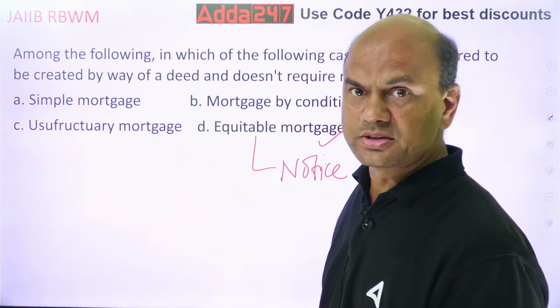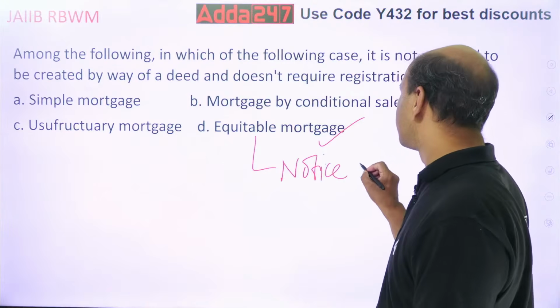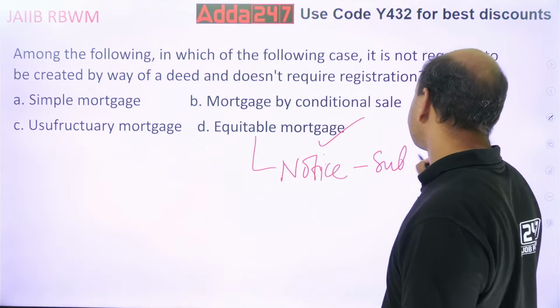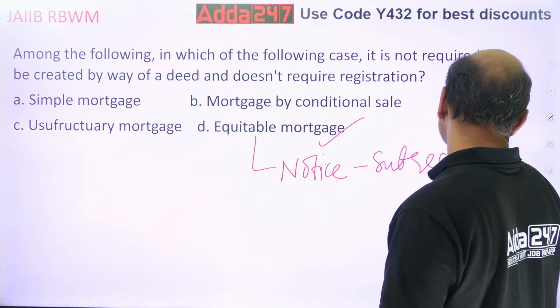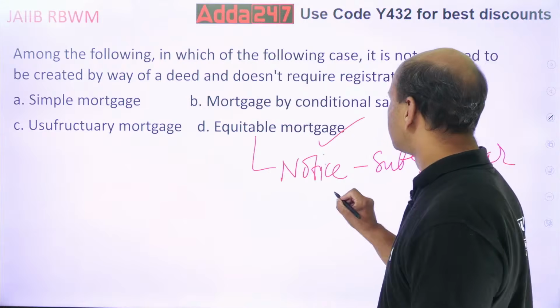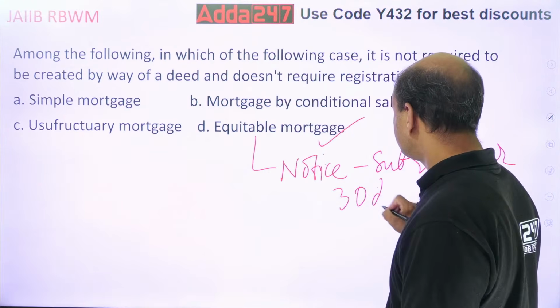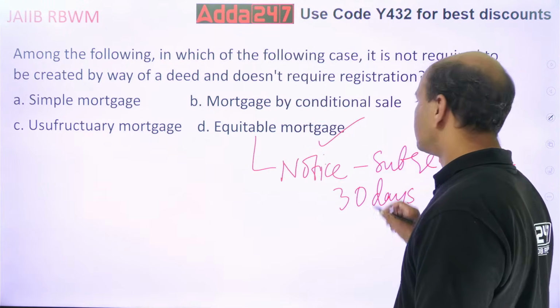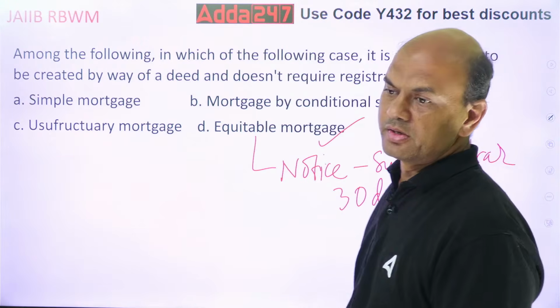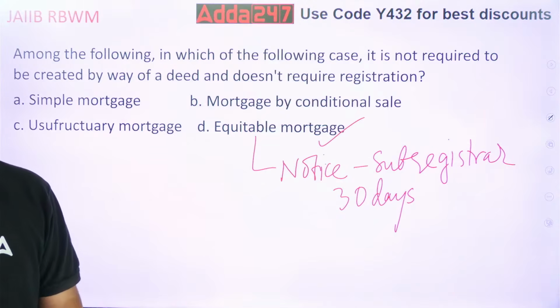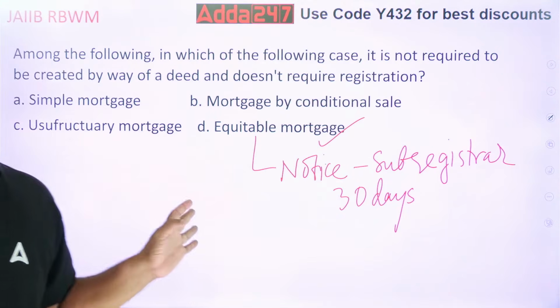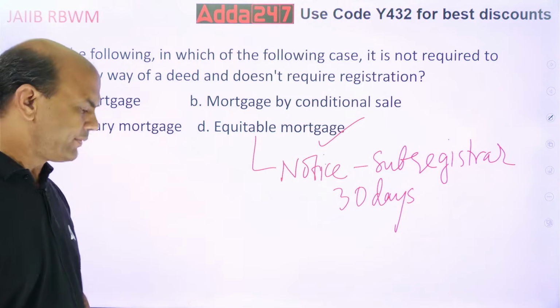Notice is to be given to the sub-registrar within 30 days of doing this equitable mortgage. This is the catch in it.